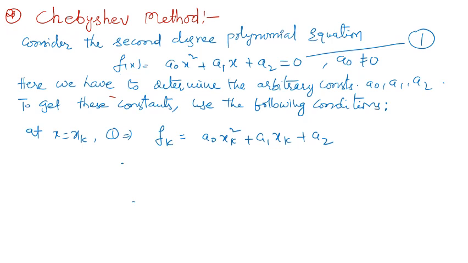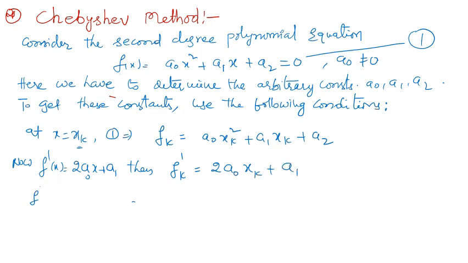Now differentiating, f dash of x is 2 a naught x plus a1. Then the f dash value at xk, in short notation, is fk dash equal to 2 a0 xk plus a1.